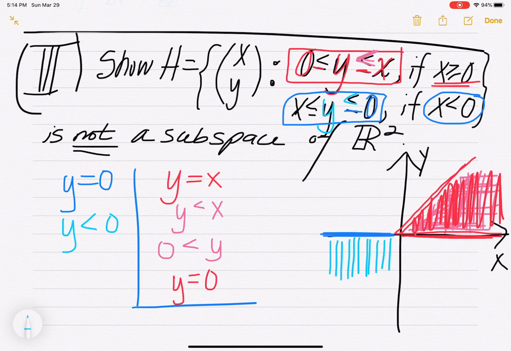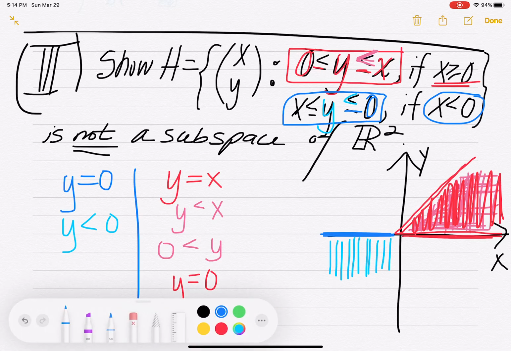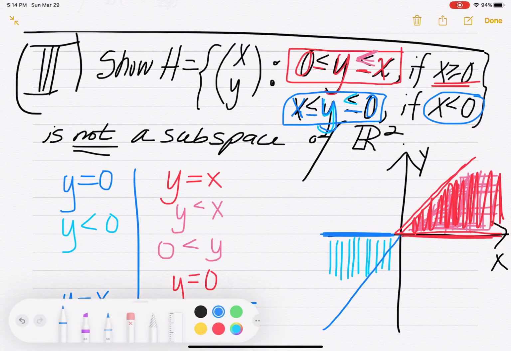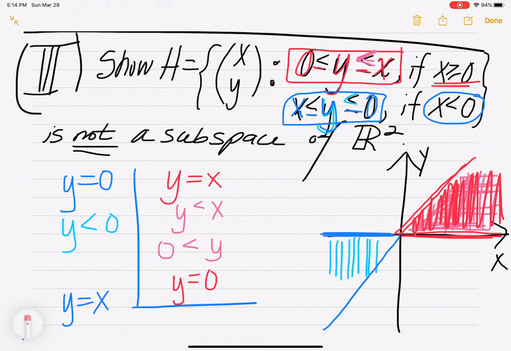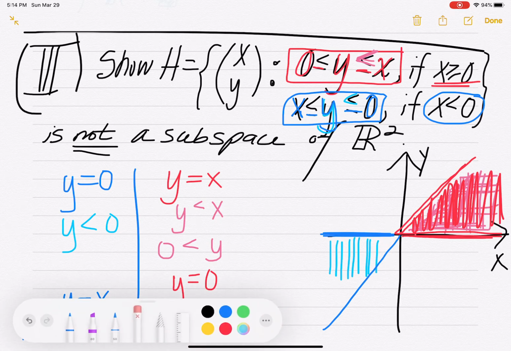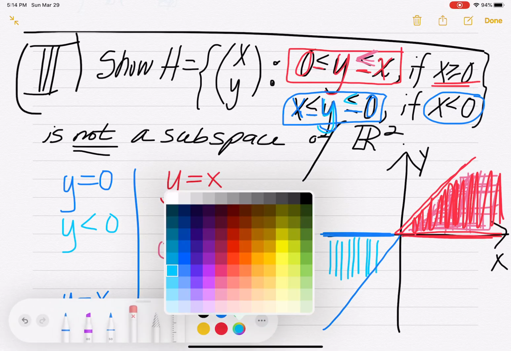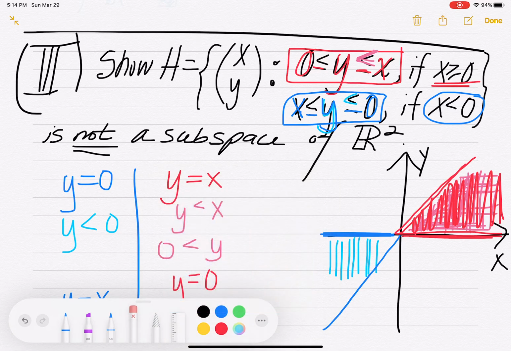Now, if we think about y equals x, that's going to be a lower bound here. Y equals x is just that diagonal line. It looks like I've done a little bit too much shading here. I need to get rid of some of that. And also we need to mention that y is greater than x as well.